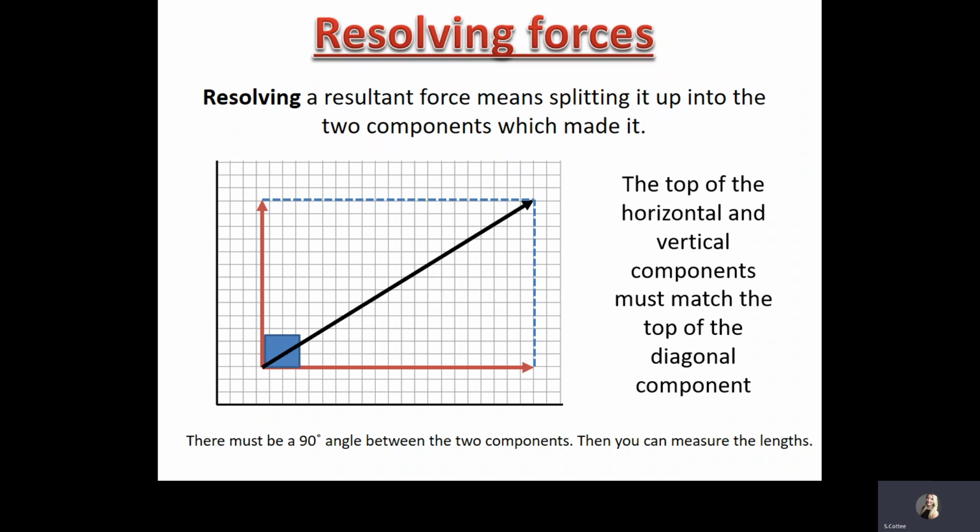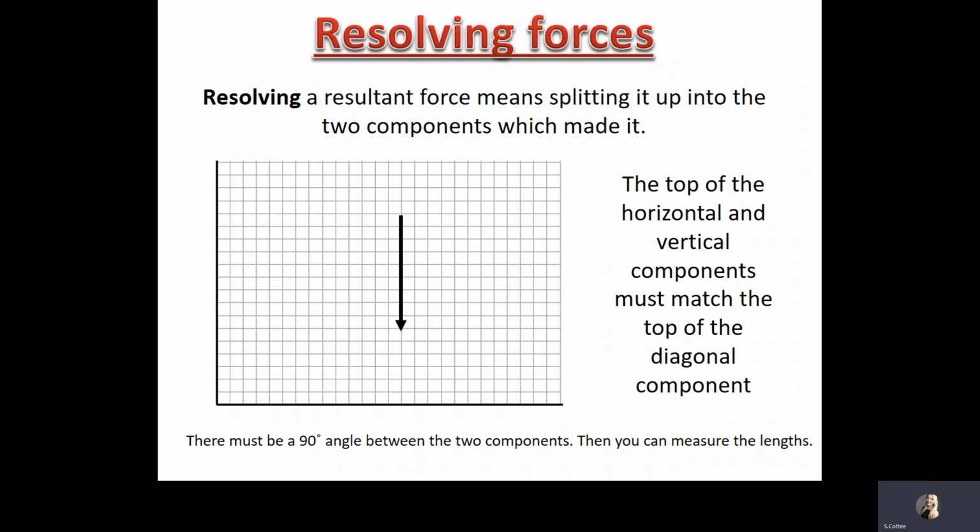A common example to work with are resultant forces that act downwards like this. Now, don't let this fool you, don't let this trick you. Just because it's one force acting completely downwards doesn't mean that it can't be split up into two different components. So the components that could make up this one would look like this.